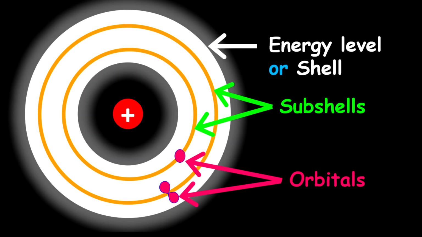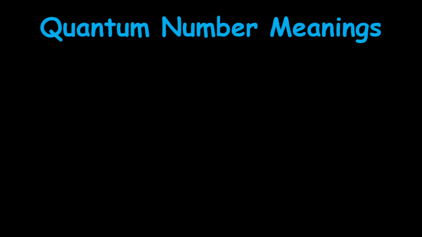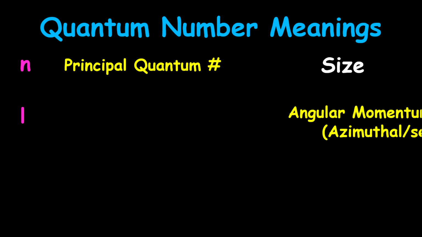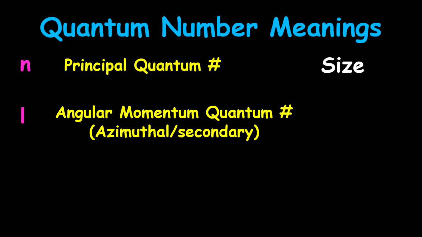So let's go into looking at the quantum numbers and their meanings. The first quantum number is n, the principal quantum number, and this denotes the size of the orbital. The second quantum number is l, the angular momentum quantum number.